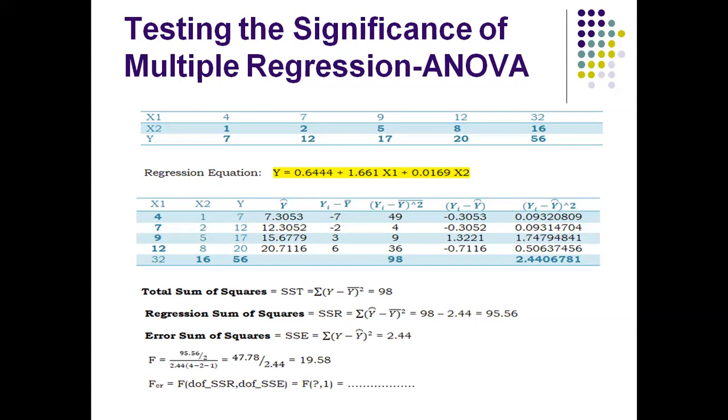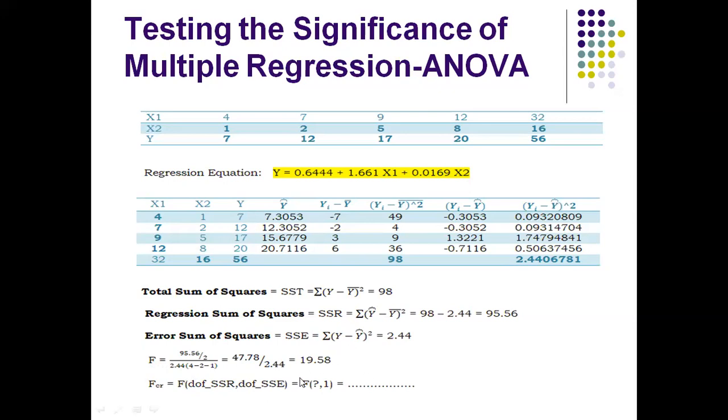Once you get the value from the distribution table, you just compare. If F critical is greater than the F value that you calculated from the ANOVA table, then you accept the null hypothesis. And if F critical is less than F, then you reject the null hypothesis.